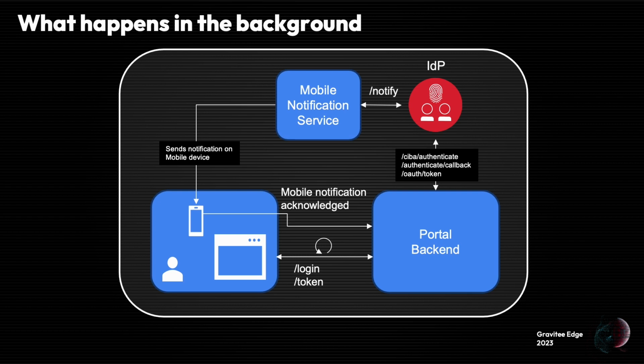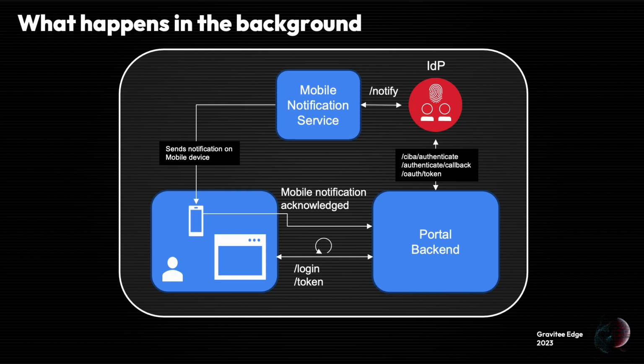The IDP is responsible for checking the user when the CIBA authenticate endpoint is called with the login hint param, which is nothing but the user ID. The IDP is also responsible for calling the external notifier endpoint and returning the appropriate auth request ID.